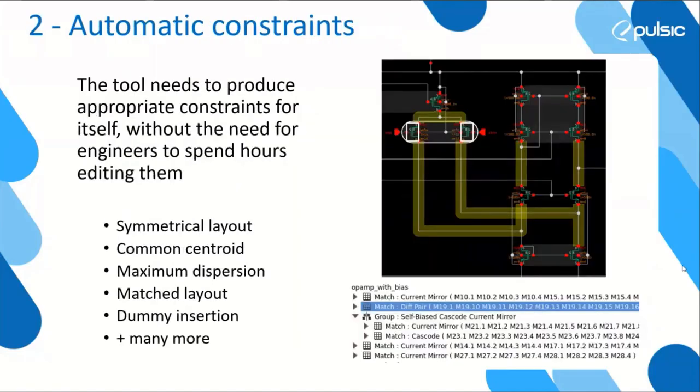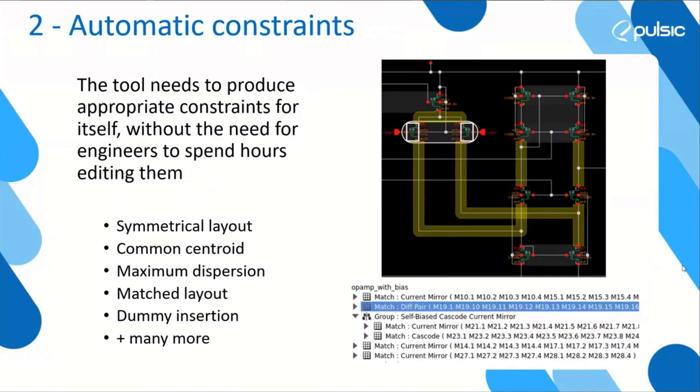It then needs to generate constraints automatically. One of the biggest problems with previous generations of analog tools is that the tool has required the user to set things up. It's required the user to say, these things must match, that must be aligned vertically, this must be symmetry, that sort of thing.